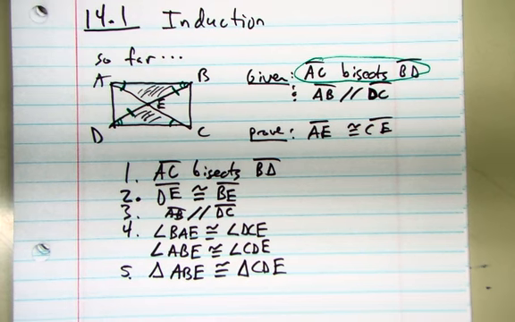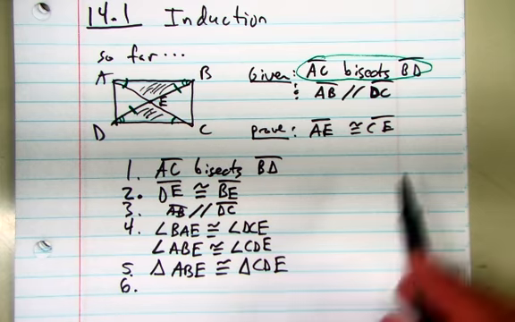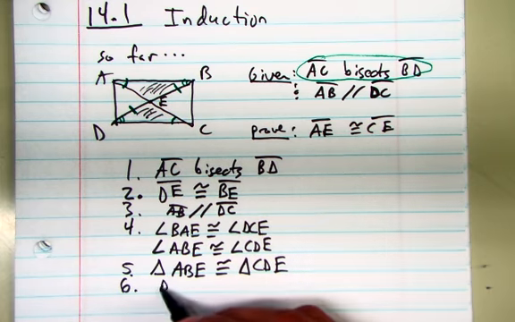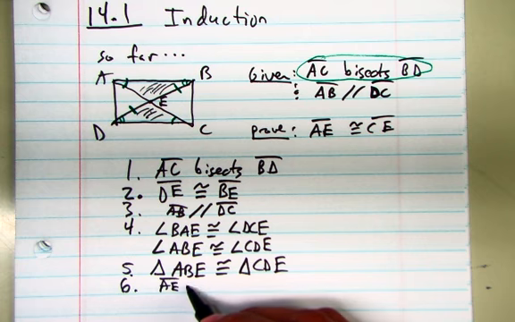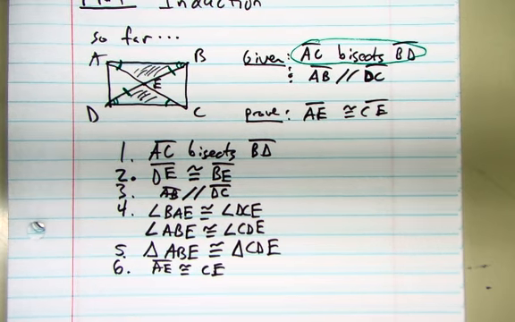And then once you proved the triangles were congruent, you could say that the corresponding parts were congruent. So then we would say what we wanted to prove, which is ultimately that AE is congruent to CE. So this is what the format for the proof looks like, and then you just had to explain why all this stuff was true, right?